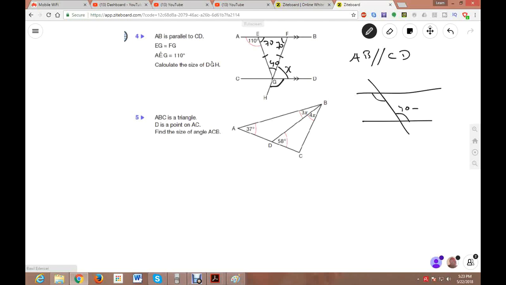So x is equal to 70. So angle G would be 180 minus 70, which gives 110.